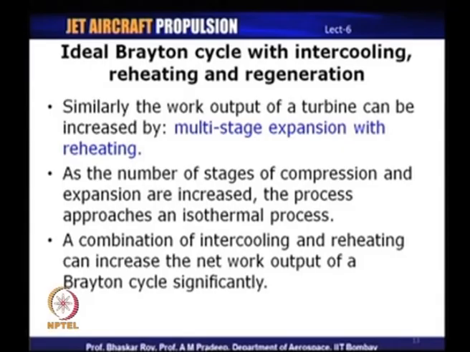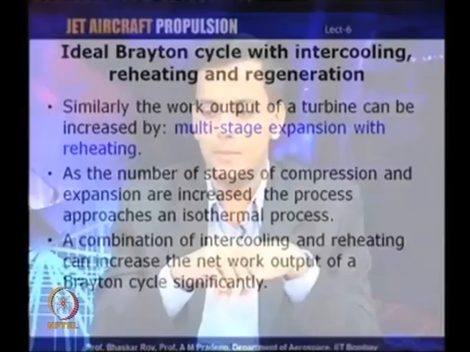And if we add regeneration, then it becomes an Ericsson cycle, which is something you would have learned during thermodynamics. So, an infinite number of stages of intercooling makes the compression an isothermal compression.